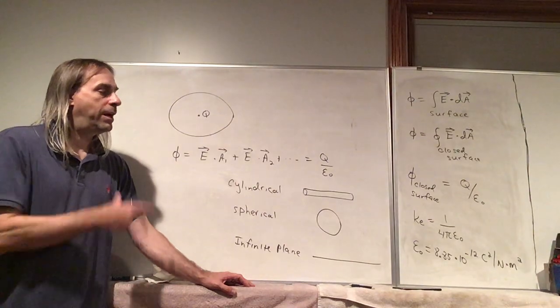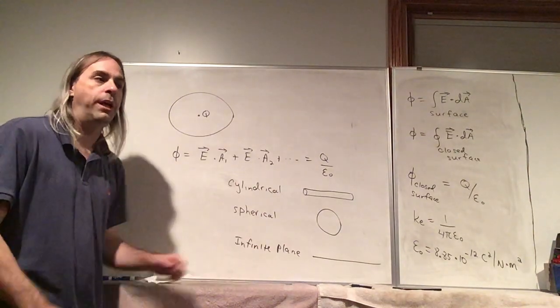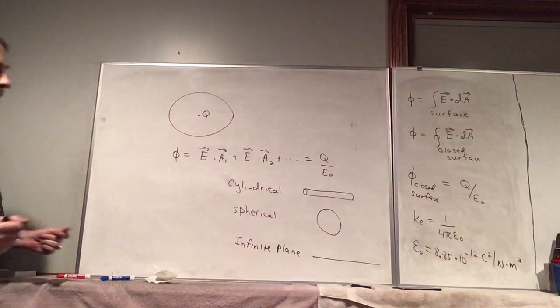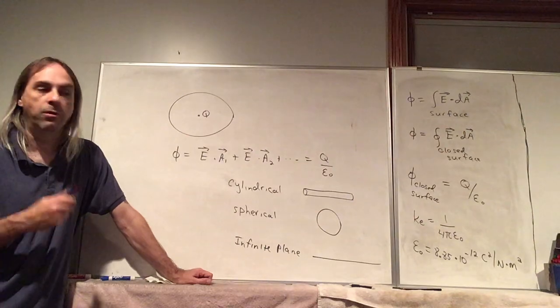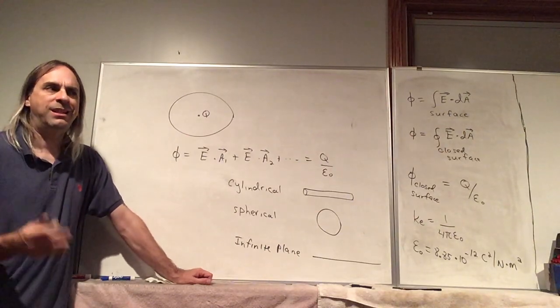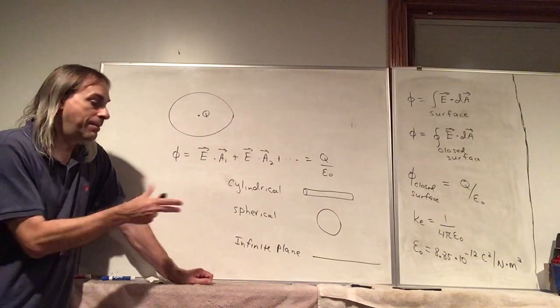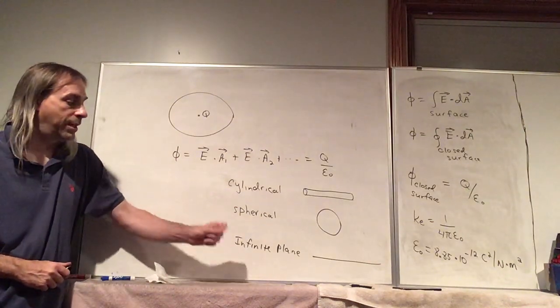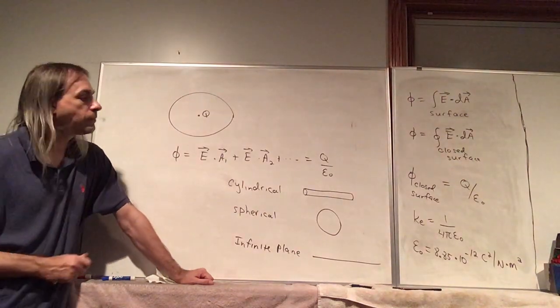And I want to actually calculate the electric field due to an infinite plane in two ways. One using Gauss's law, and one just calculating the electric field from Coulomb's law. And then you might see why Gauss's law is important, because it's going to be a lot easier using Gauss's law to calculate the electric field due to an infinite plane.